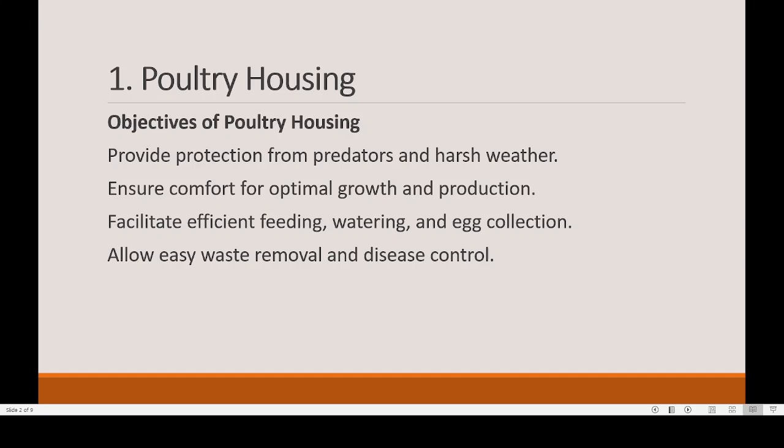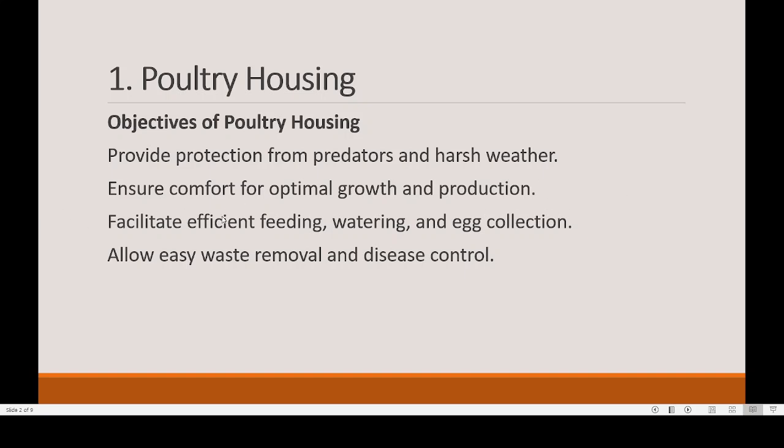This is a very small one. Here also you can see that. See, this is another type of poultry housing, a small traditional type of housing. These kinds of houses are needed for rearing poultry because they give them protection from predators and also from harsh weather.